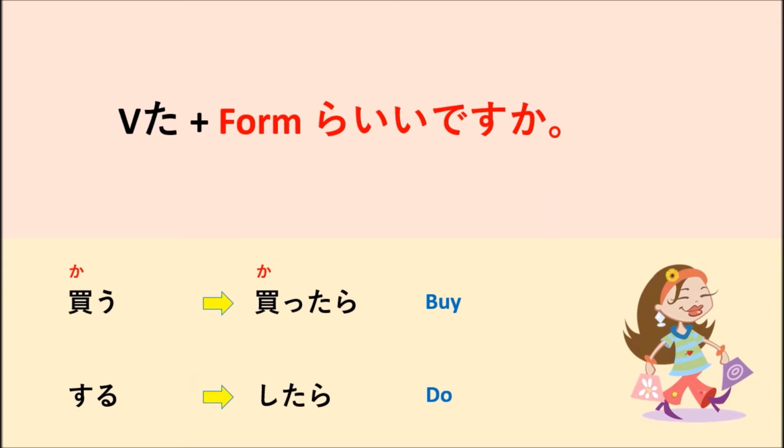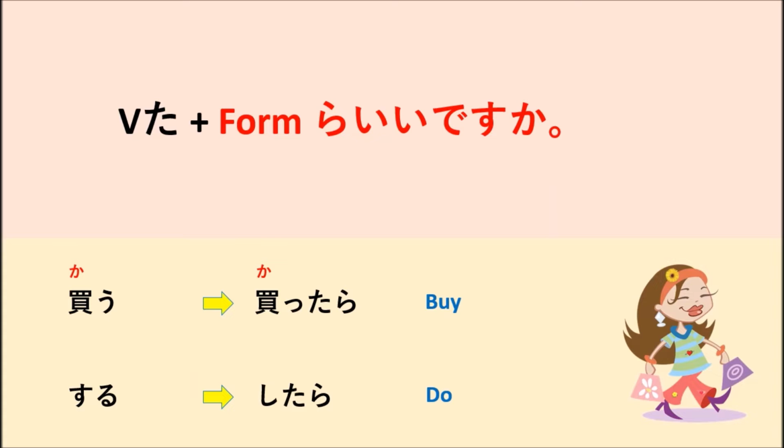This means we start with the verb, and to make the tara form you first change the verb to the past tense form.